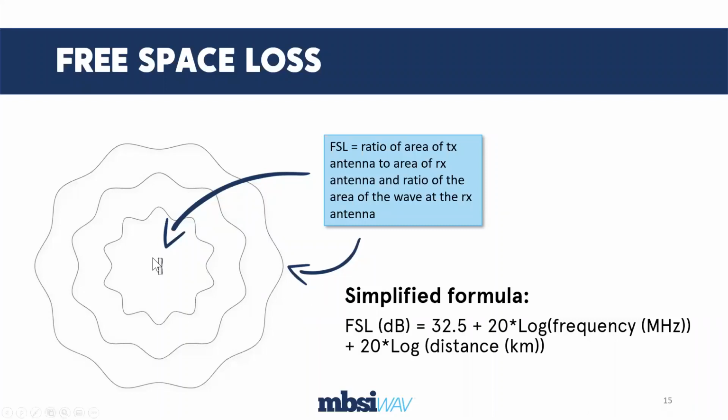So the difference between the power transmitted here and the energy that we can intercept right at the receive antenna because of its size is free space loss. The bigger the receive antenna, the lower the loss. The farther that we have the transmitter apart from the receiver, the bigger the area of the wave is, and so the lower the energy is that's intercepted by the receive antenna.